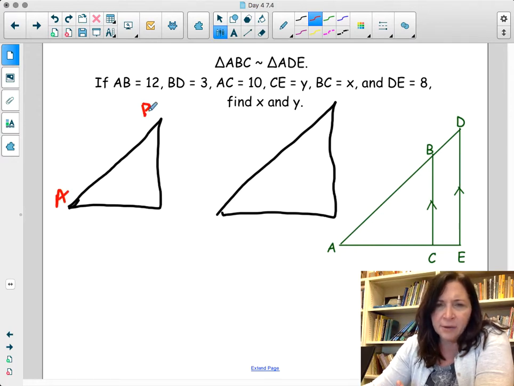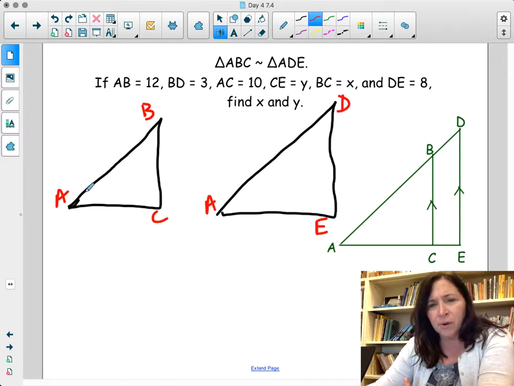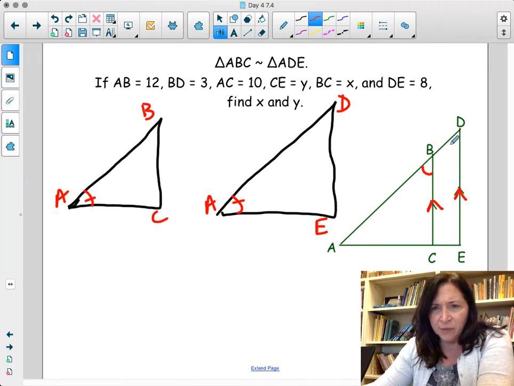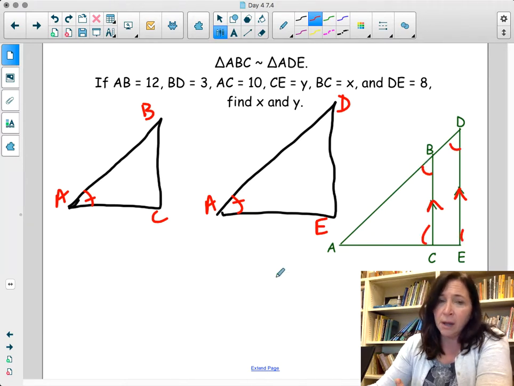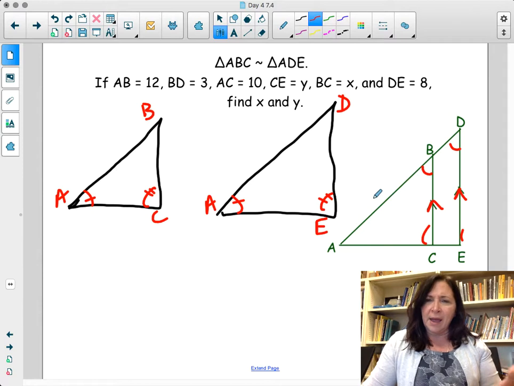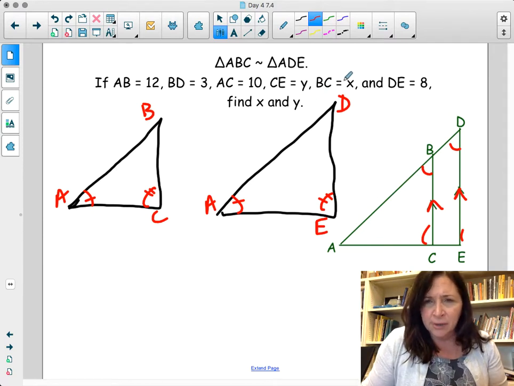Here's A, here's B, here's C, here's A, here's D, and here's E. And what you need to remember is that angle A is the same angle. And also, if these lines are parallel, that makes these angles here or these angles here corresponding. So that means that this also is congruent to that. And so, of course, B is going to be congruent to D.